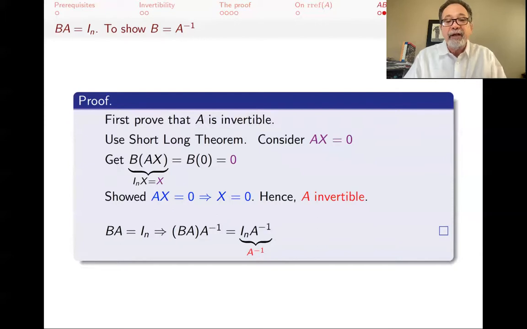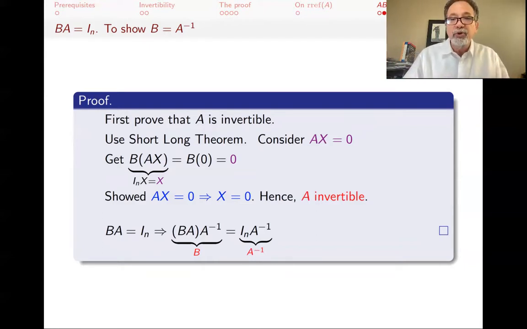What is BA times A inverse? Again, use associativity. Switch the parentheses. I'm not using commutativity. I'm using associativity, and I get B times A inverse, and that's going to be B, because A times A inverse is identity, and B times identity is B. So I'm getting B is A inverse, and that's what I wanted to prove. B is A inverse. So we're done with that.